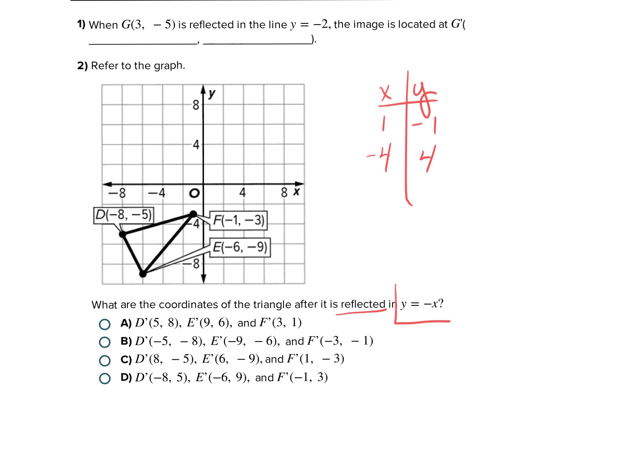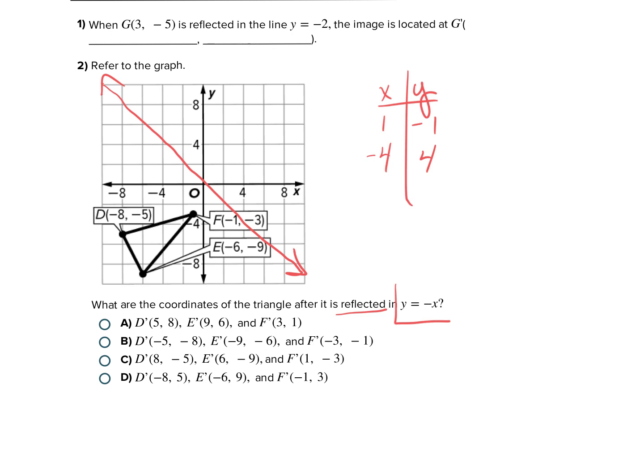So what we have is actually a graph that goes through the origin at a diagonal. So we're reflecting D, E, and F.